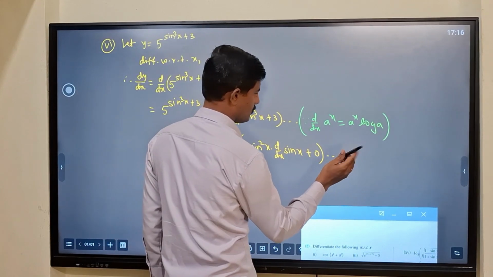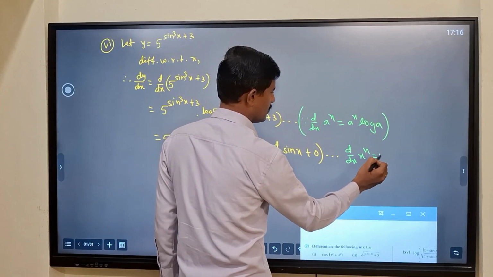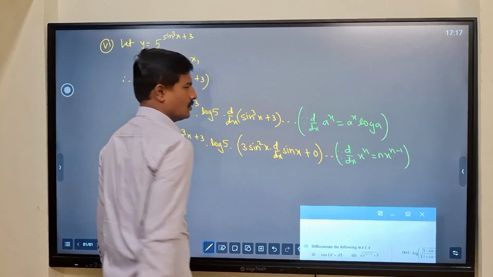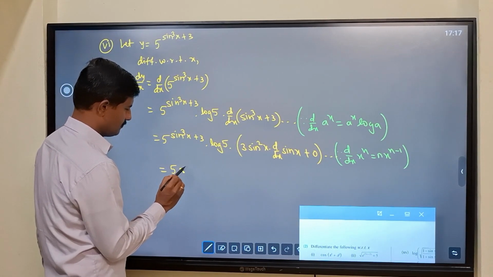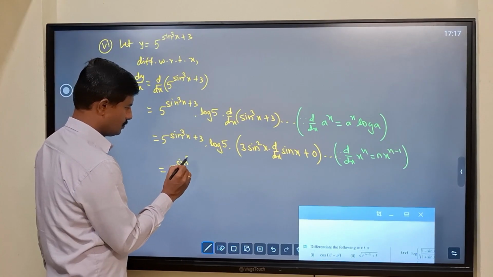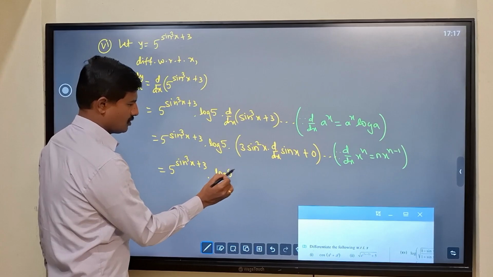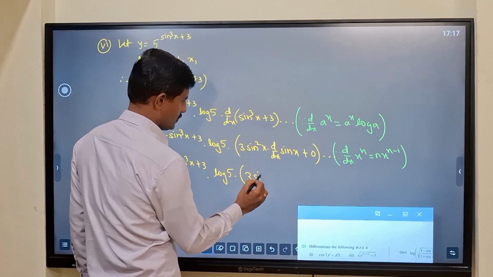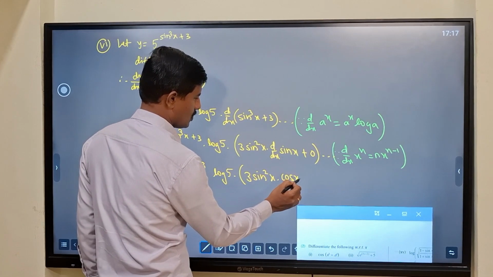Here we used the formula d/dx of x raised to n is n x raised to n minus 1. Now this will become 5 raised to sine cube x plus 3 log 5 into 3 sine square x. Differentiation of sine x is cos x.